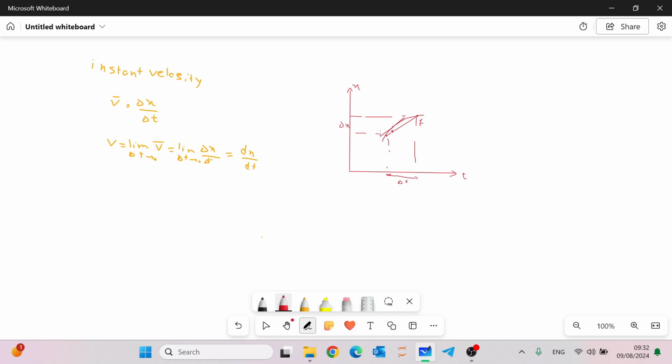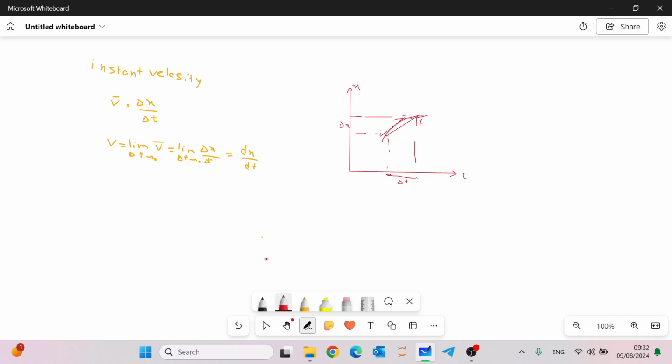Then the slope of this line would be my velocity at that moment. Here again the same. So instant velocity is your velocity at that moment, at that time. But average velocity would be your velocity all throughout the path you took.